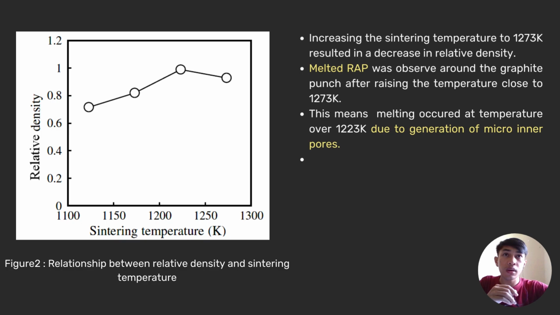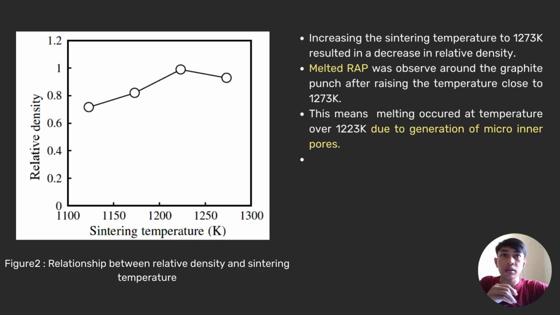Next, figure 2 shows the result of the relationship between relative density and sintering temperature. As we can see from this graph, the relative density linearly increased to almost 1 as the temperature reached 1223 Kelvin. And when the sintering temperature increased from 1223 to 1273 Kelvin, it results in a decrease in relative density.